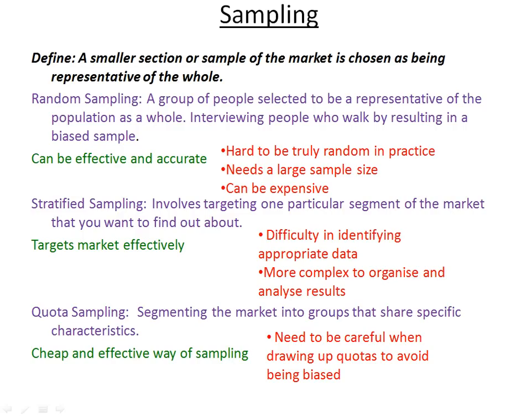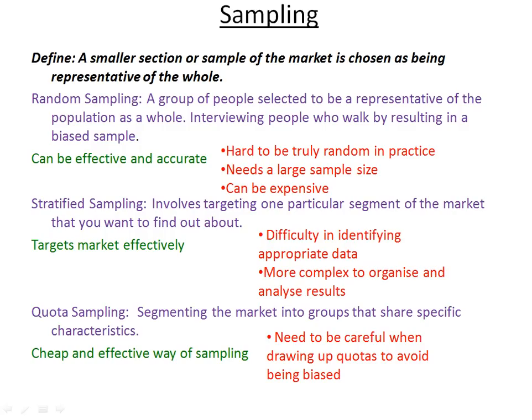If you're targeting a market in central London, it's probably going to be the people that work in these big buildings, and it doesn't research everything. It has to be a large sample size to be effective, and it could be expensive. The same thing as before, when you hire someone else, it takes time and you have to pay them.